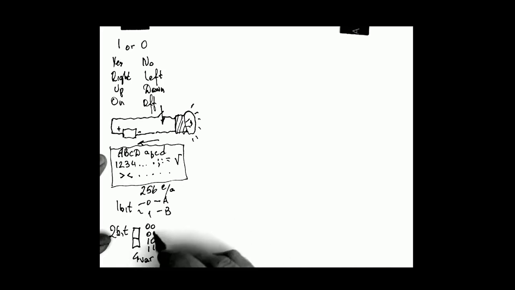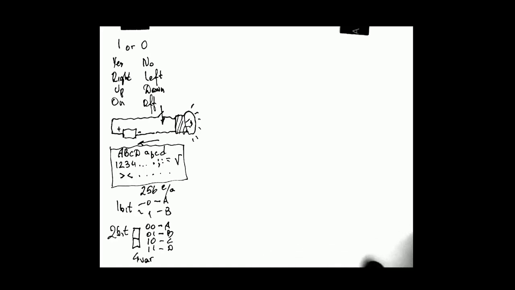And each variation is unique, so I can use it to represent different alphabetical letters. So A, B, C, and D. But that is not enough, definitely. So what can I do in this case? How can I make more letters?